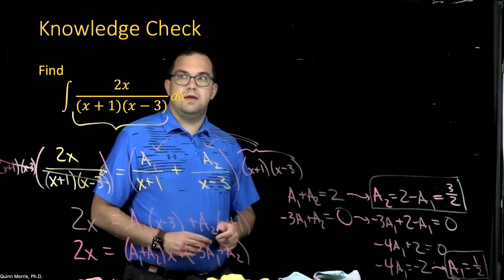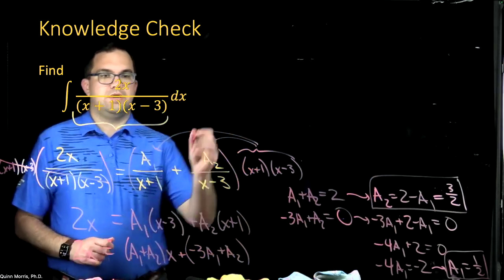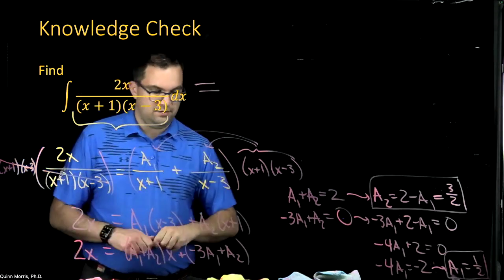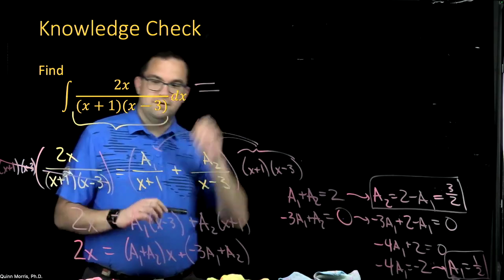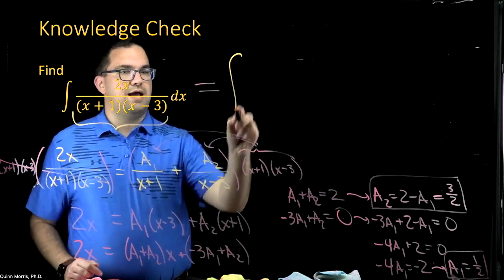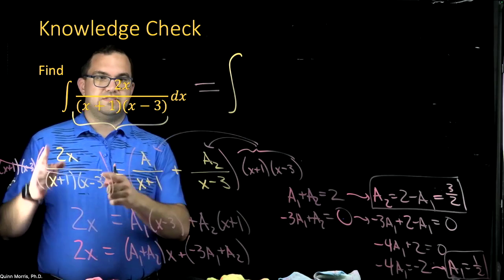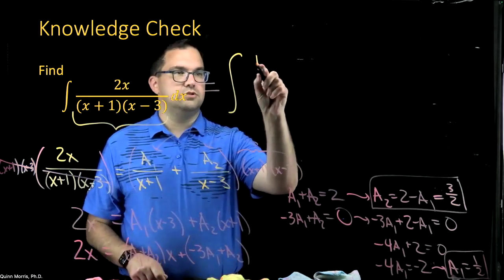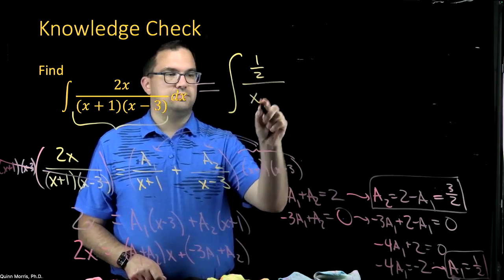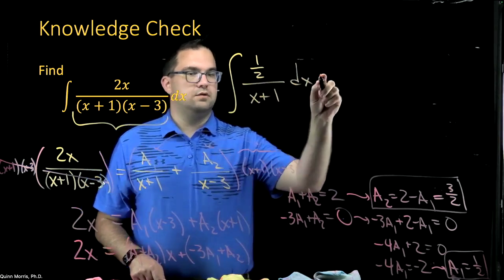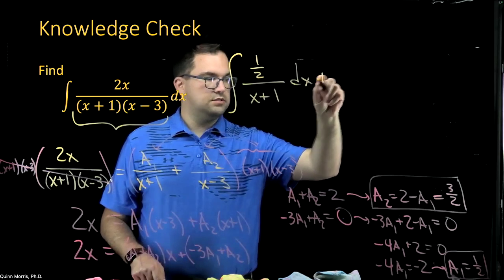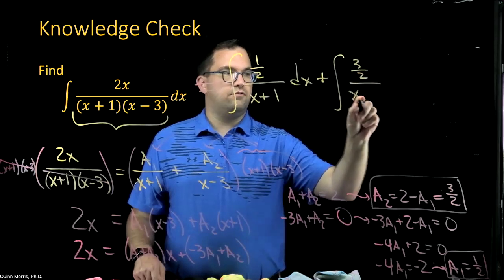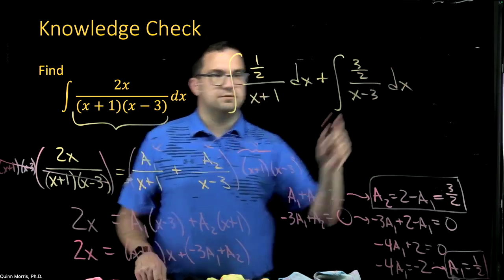Okay. And so what I really want you to see here is that you can rewrite this, and sometimes these constants do come out to be fractions. There's nothing to be scared of in that regard. But now I can rewrite this as the integral of, instead of dealing with this, I'm now going to deal with A1, which is 1/2 over x plus 1 dx, plus the integral of 3/2 over x minus 3 dx.